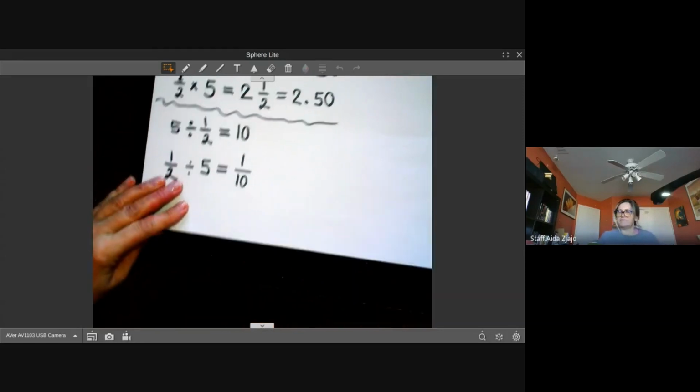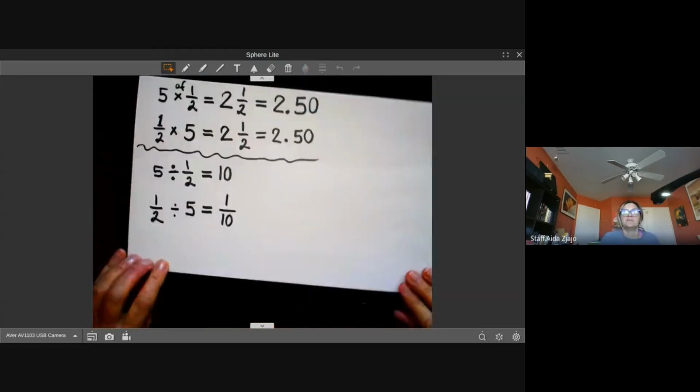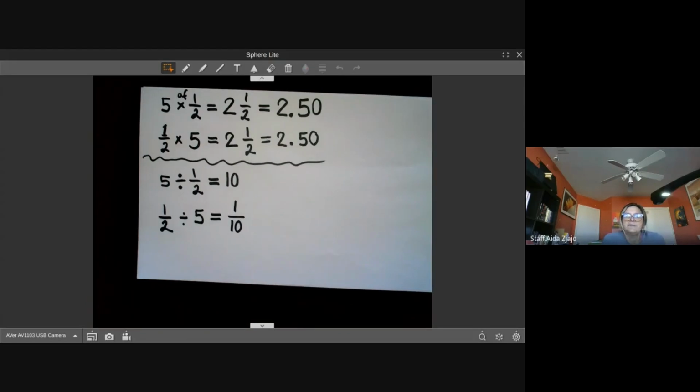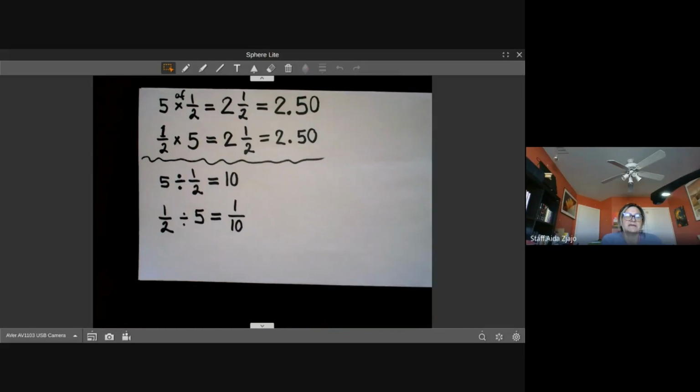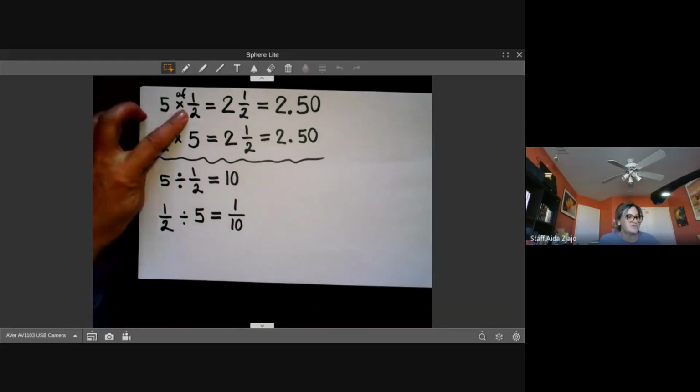So these were 4 examples and 4 structures that you can use to think about. Always remember to use the language so you will understand the story, and you can create stories of your own. You can pretend, I have 5 groups of half.